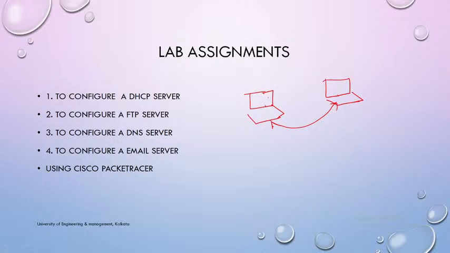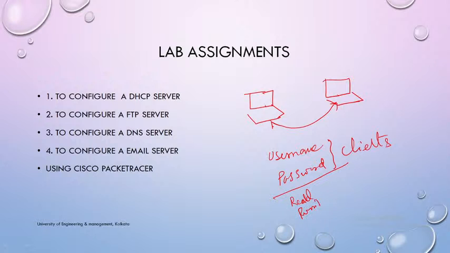So the server can provide some username and some password to the client who wants it, and the server can also define whether they will have read permission, write permission, delete permission, or see-all-directory permission or not.